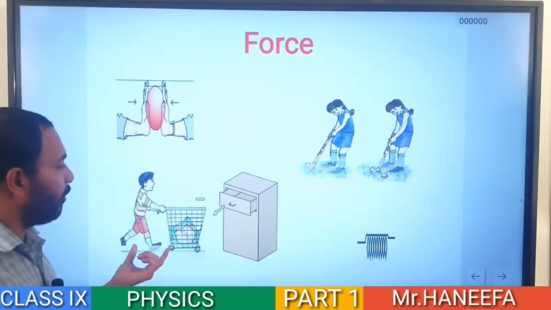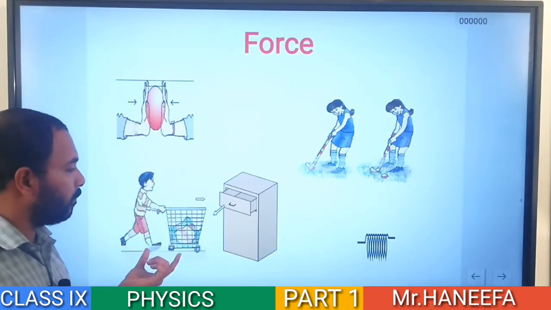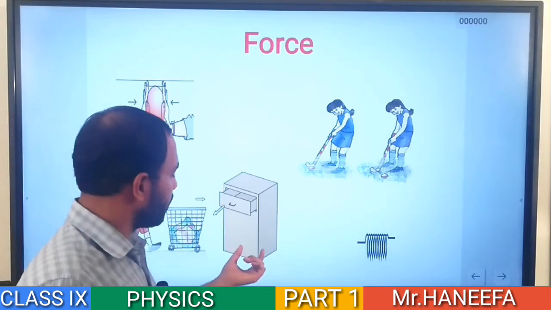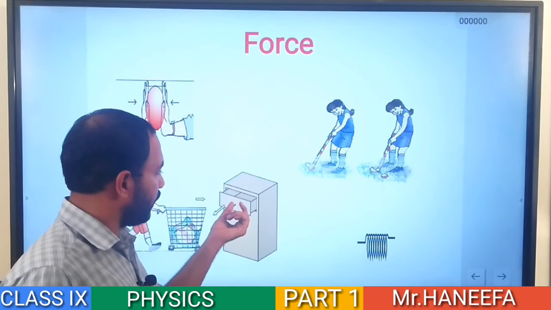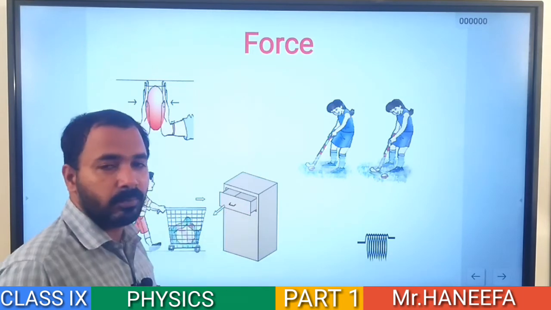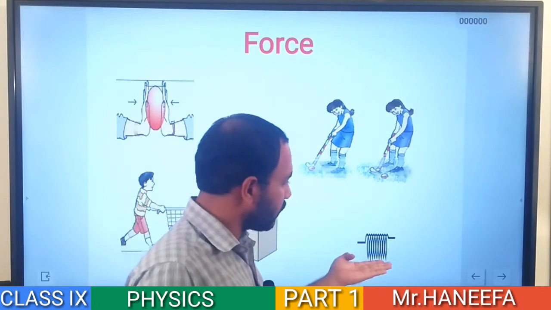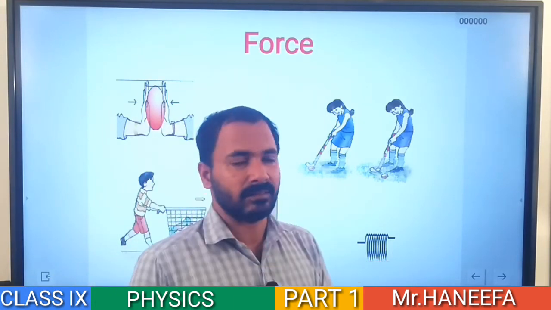Third case, a boy is pushing a trolley. Fourth case, a drawer is pulled. This is in the case of a spring.